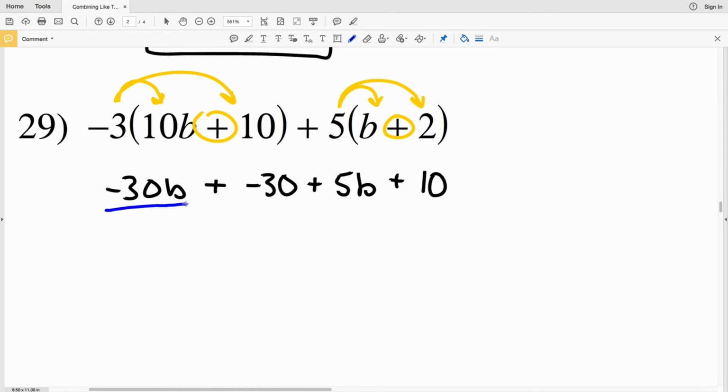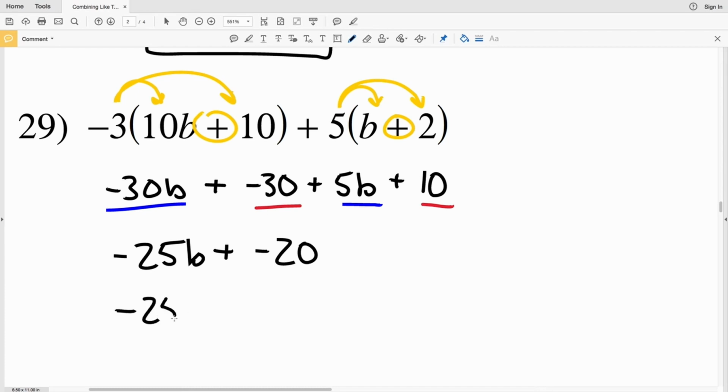We're going to combine negative 30b with a positive 5b and negative 30 with a positive 10. Negative 30b plus 5b is negative 25b, plus negative 30 plus 10 is negative 20. We can rewrite this as negative 25b minus 20.